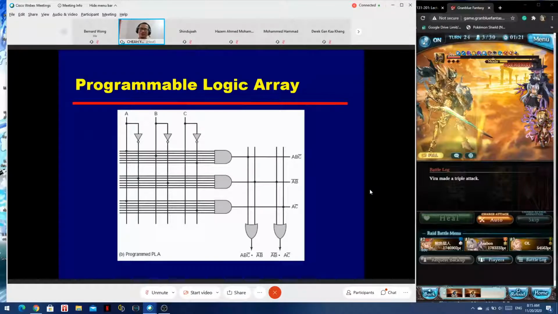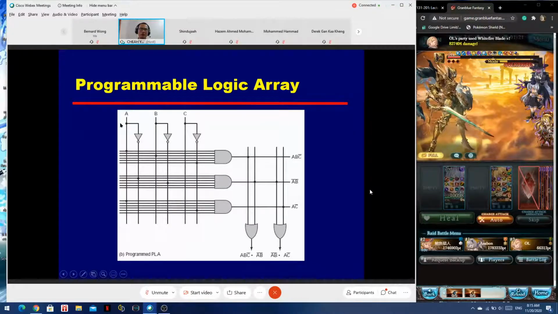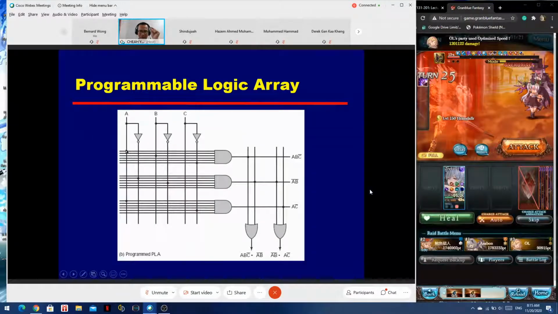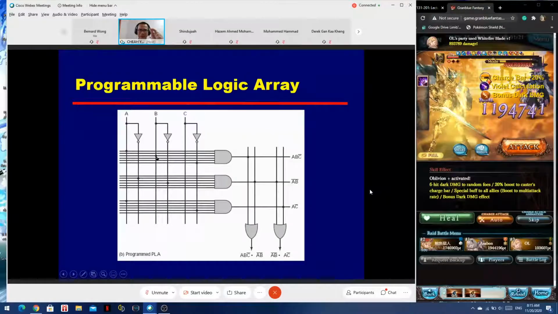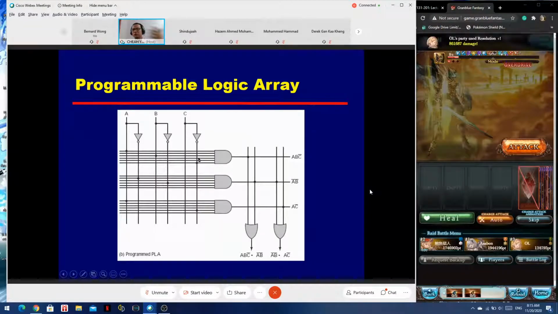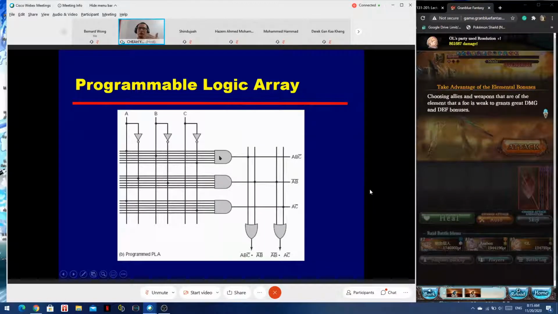The A here has a little dot there, so A is in effect. This one, the B is in effect. This one, the not C is in effect. And all this goes to the AND gate, so this is going to be A, B, not C.